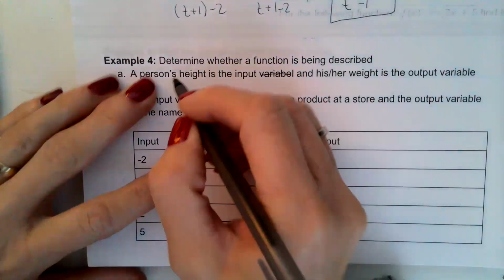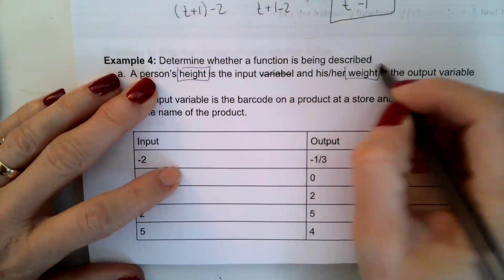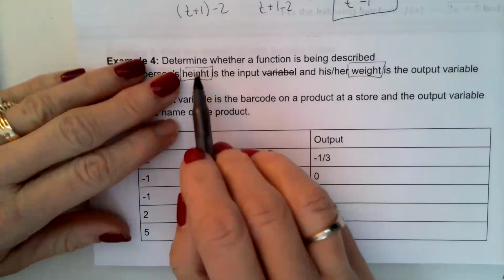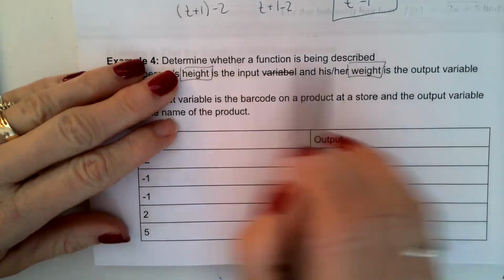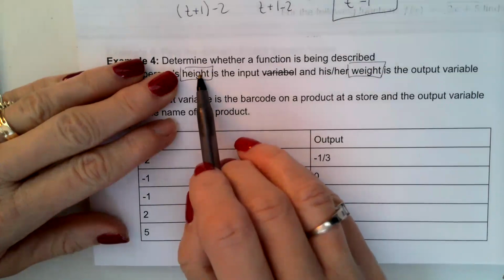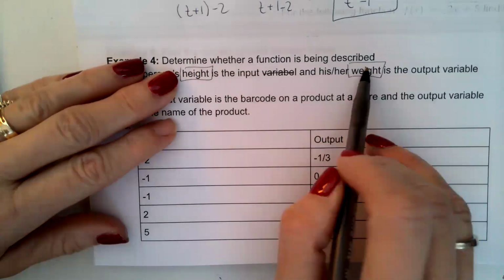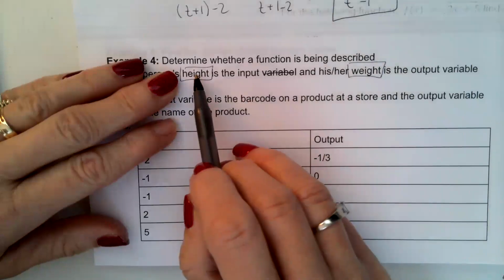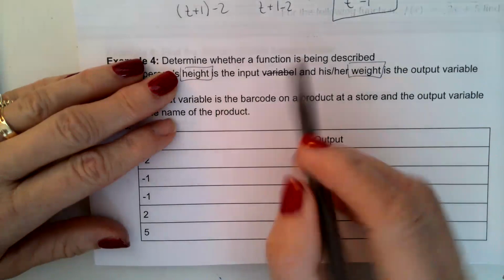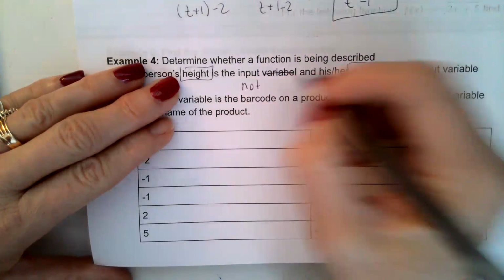So if we say height is the input and weight is the output, any height could go to multiple weights. I could be 5 foot 2 inches and weigh 128 pounds, and somebody else that's 5 foot 2 might only weigh 119 pounds. So this would not be a function because these heights are going to more than one weight.